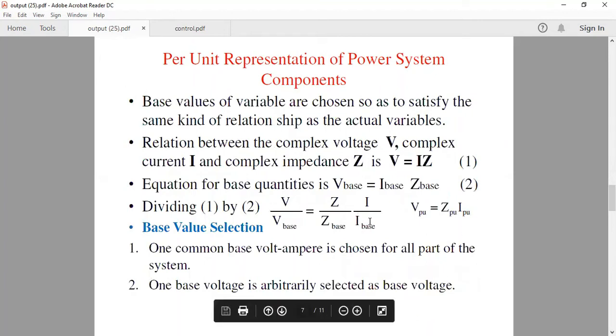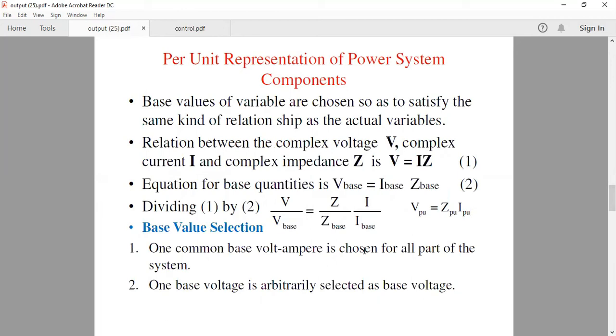So let's see how to convert or how to get the per unit values from the actual values of the power system components. Base values of variables are chosen so as to satisfy the same kind of relationship as the actual variables.